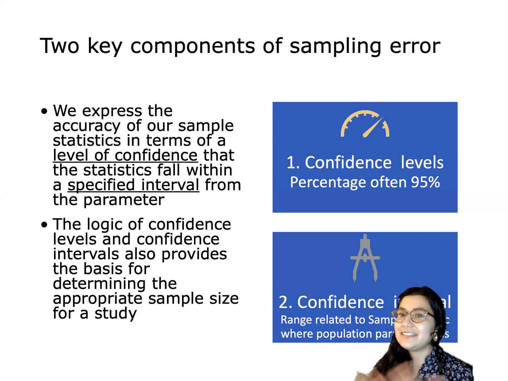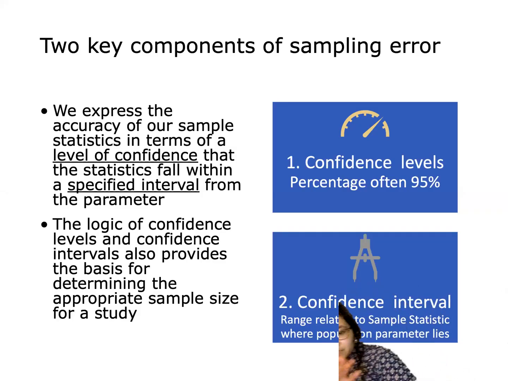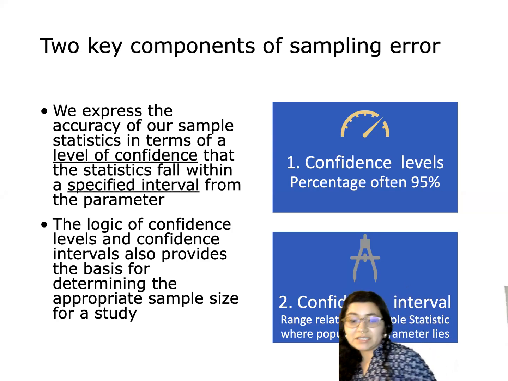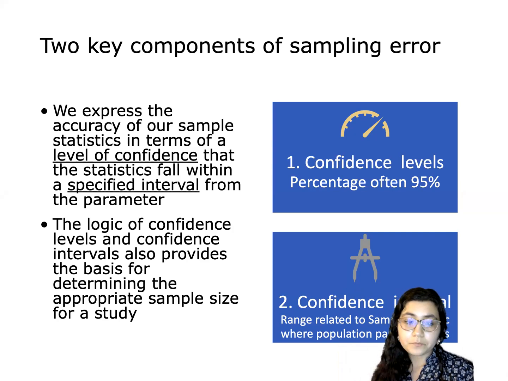And that's sort of random. You could do your confidence levels at other percentages, but that's just a standard practice of statistical analysis, to put your confidence level at 95%. So that range that we're speaking about is the confidence interval. So that's related to the sample statistic and where the population parameter lies.